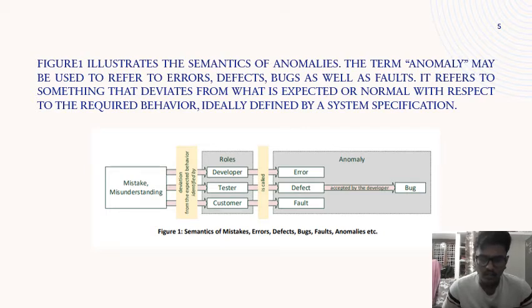If the developer identifies it, it is called an error, or if the tester identifies it, it is called a defect, or if the customer identifies it, it is called a fault. If this is accepted by the developer, it is called a bug.